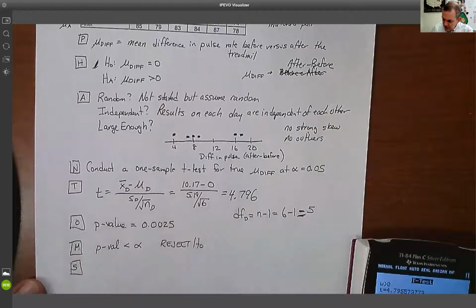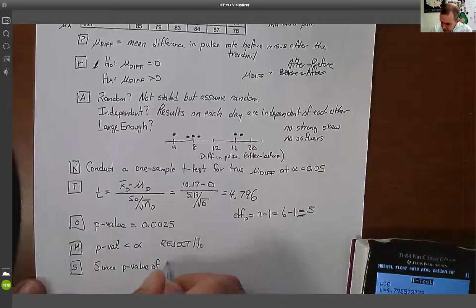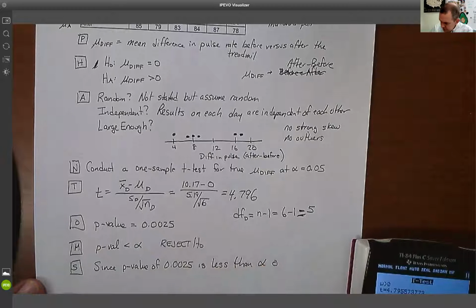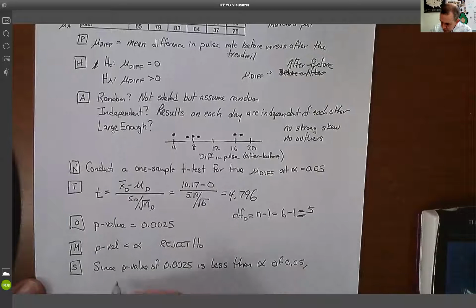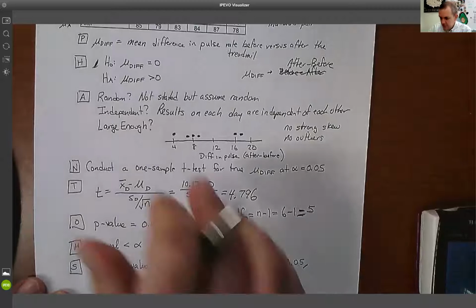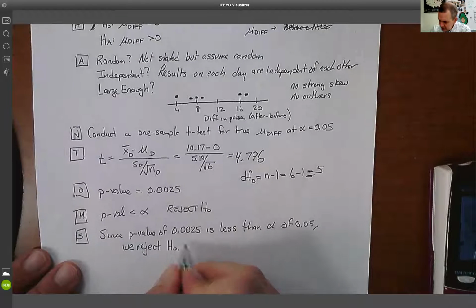So now what we're going to say is, since p-value of 0.0025 is less than alpha of 0.05, we reject the null hypothesis.